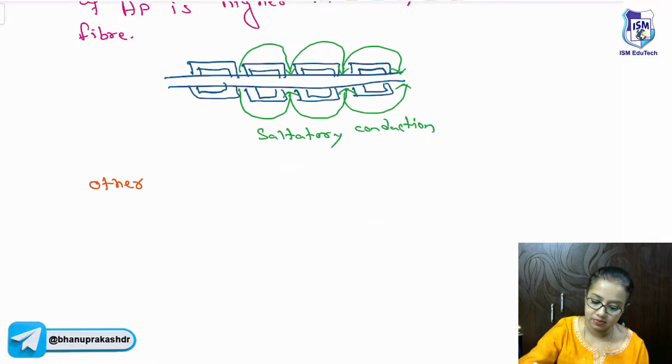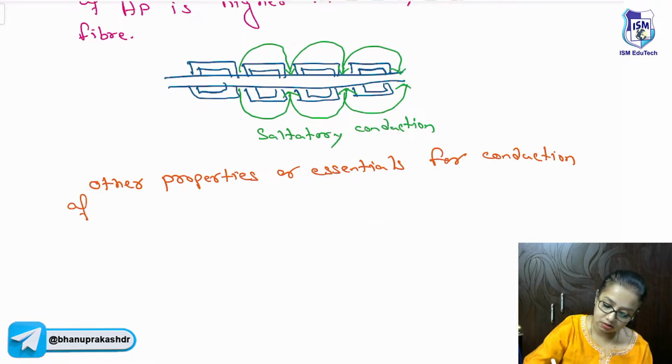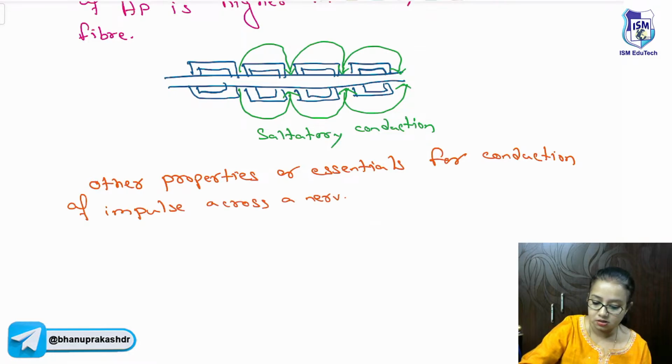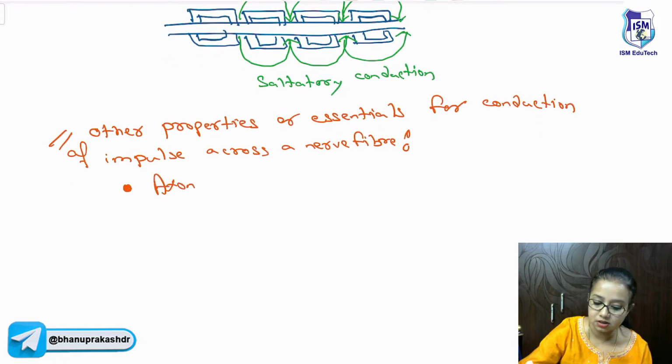What are the properties or essentials for conduction of impulse across a nerve fiber? One is axon diameter.